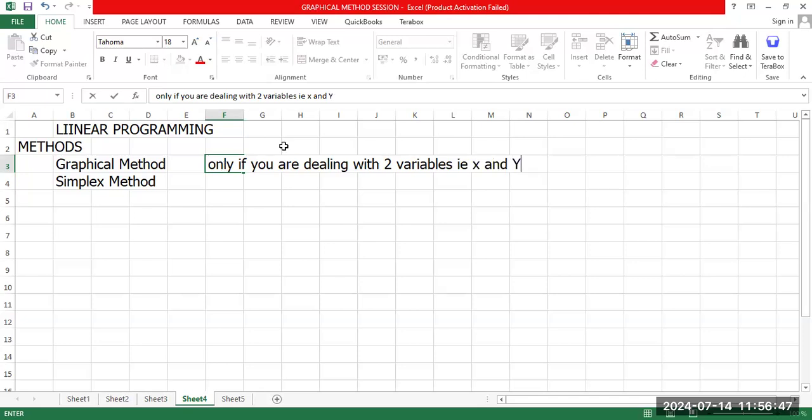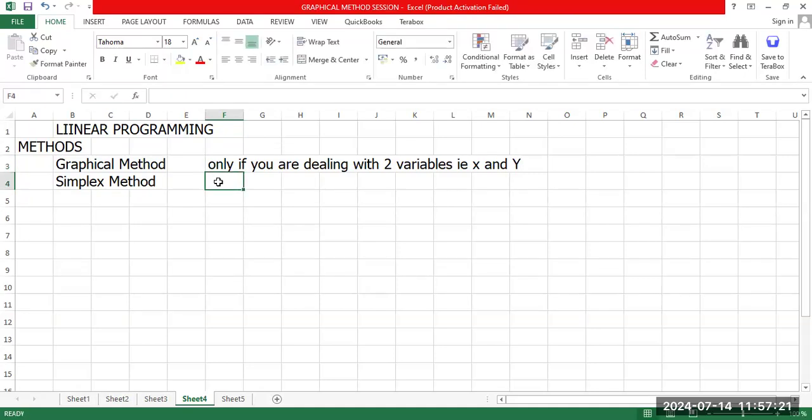You cannot use the graphical method when you have more than two variables, because with the graphical method you must have a vertical axis and a horizontal axis. There is no way you are going to present another variable on your graph paper. If you have, let's say, another variable called z, you cannot use the graphical method.